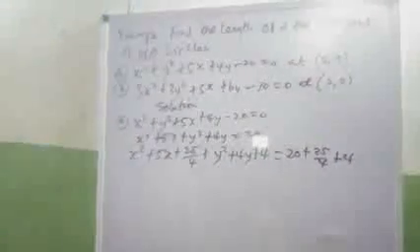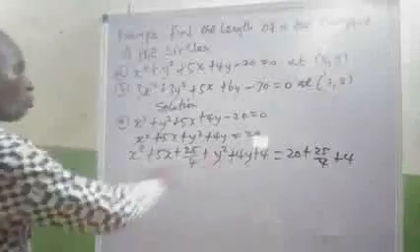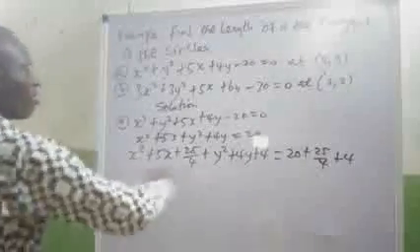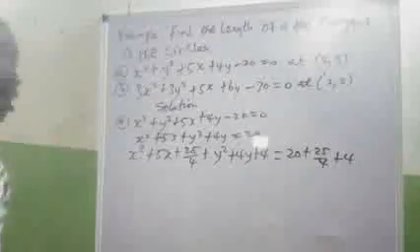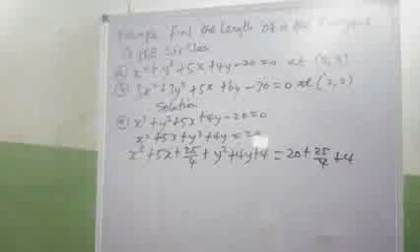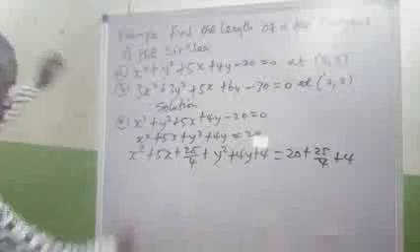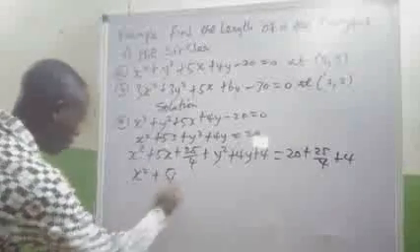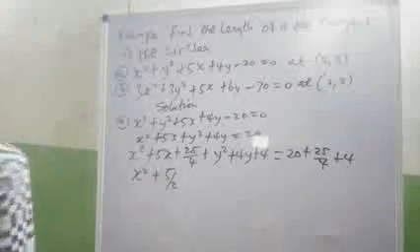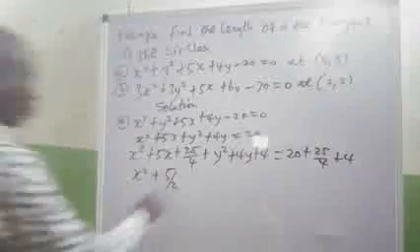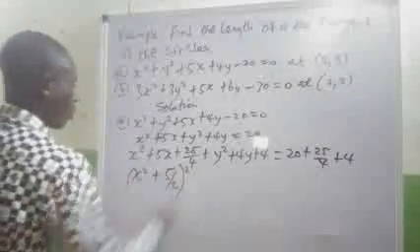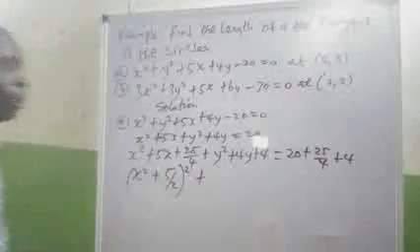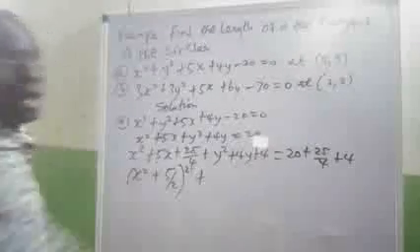And if you factorize this now, you will have s plus 5 over 2 all squared, plus, what do we have here?